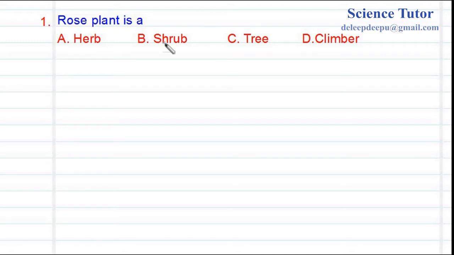But in the case of trees, they are very big plants with woody stems. And in the case of the last option, climber, these plants need a support to climb up. So you can eliminate some answers, D, C, like that. So the choice is coming to B. So our answer is B.